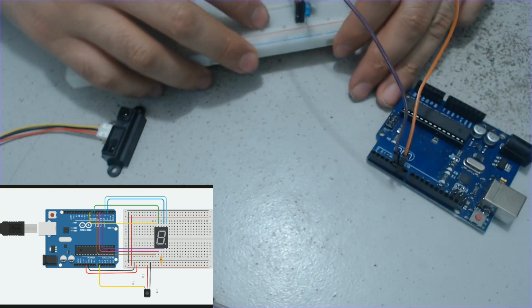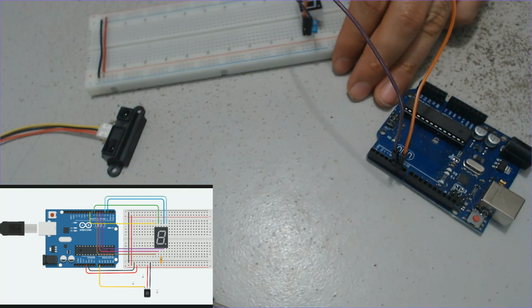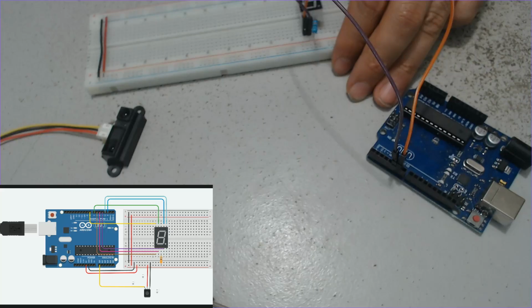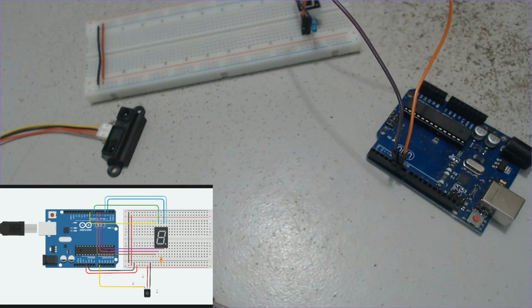So the next one, it's port number 4 from my display, and luckily it is connected to port number 4 on my Arduino card. So let's try to make this faster.